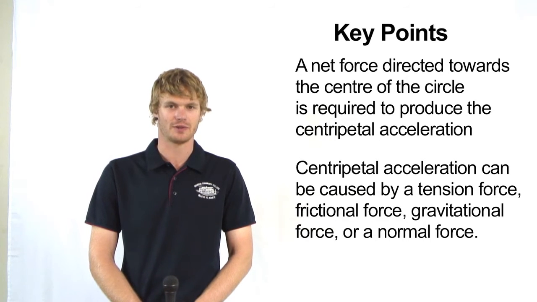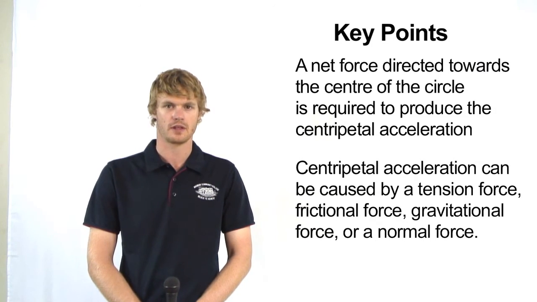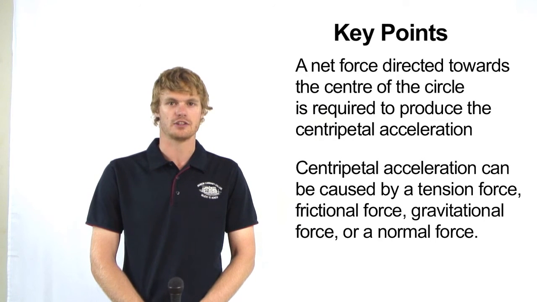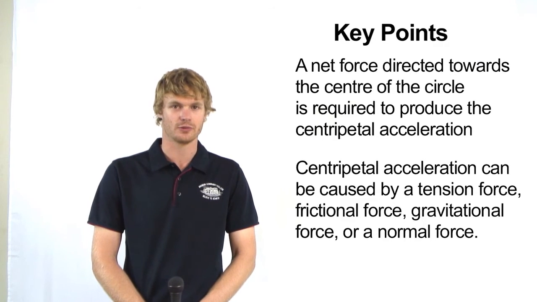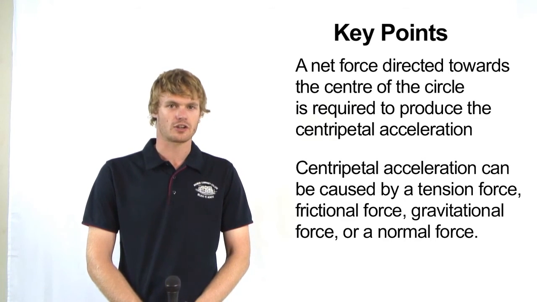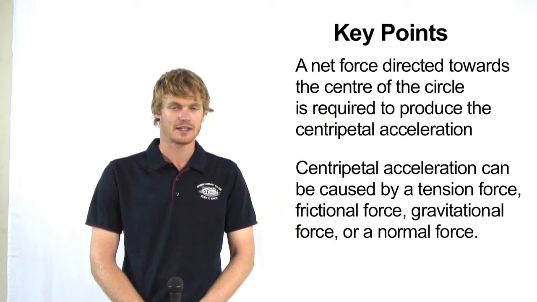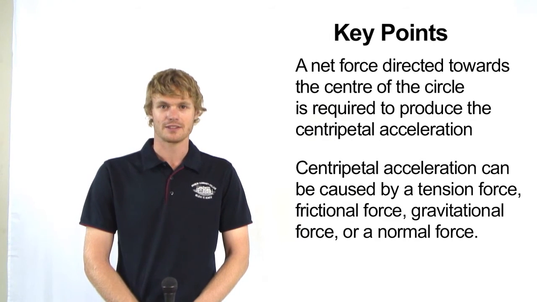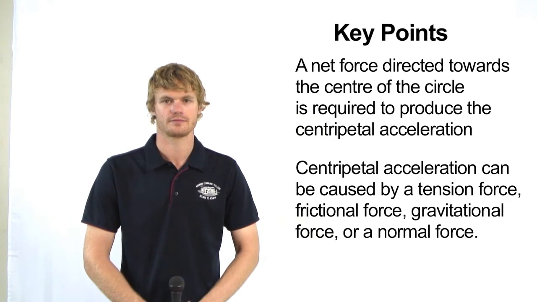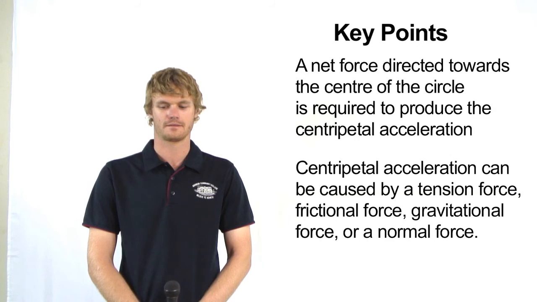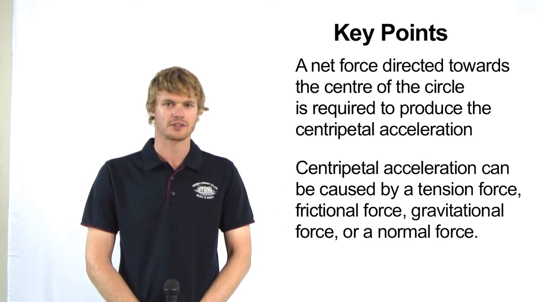It depends on the situation what force is causing this. It is not just simply a centripetal force causing a centripetal acceleration. That's not correct. It is a certain type of force. You'll need to describe different situations where this is the case, so have some practice. Also, we'll get into the normal force in the next video.